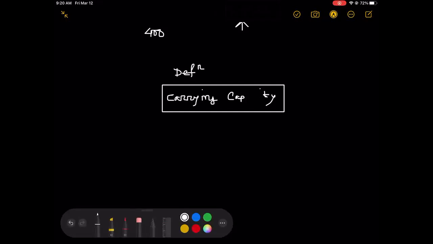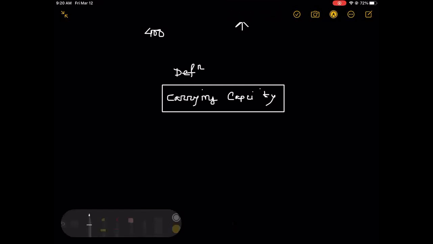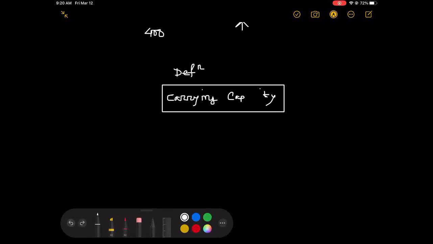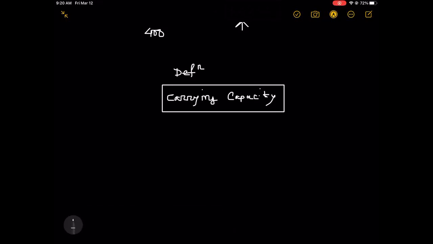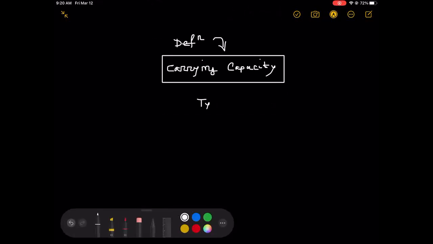Pardon my bad handwriting. If you don't understand, just raise your hand. Okay, so I want you to know this definition. And of course, I'll post an announcement with probably a question from the exercise.